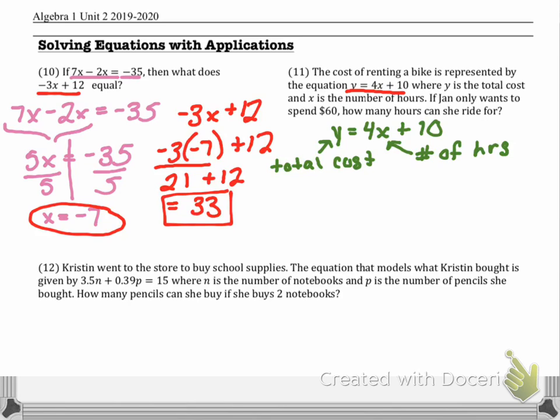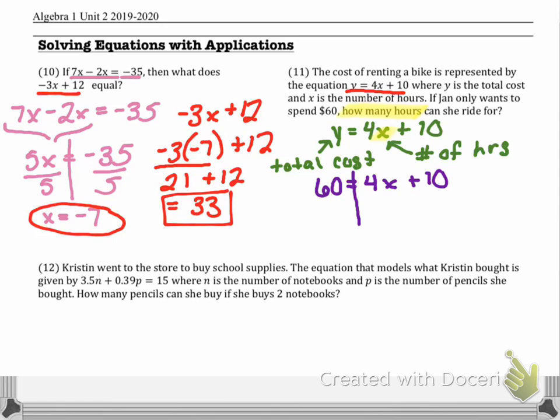So what am I solving for? It says how many hours, right? That's what we're trying to look for. Hours is x, so x is the unknown. That tells me that 60 is my total cost. So I'm going to rewrite this equation with my known: 60 for y is equal to 4x plus 10.